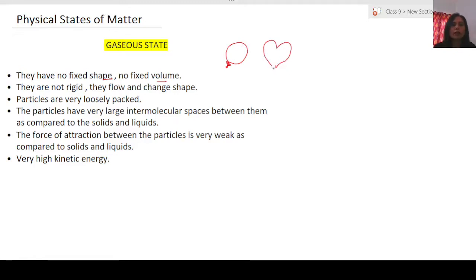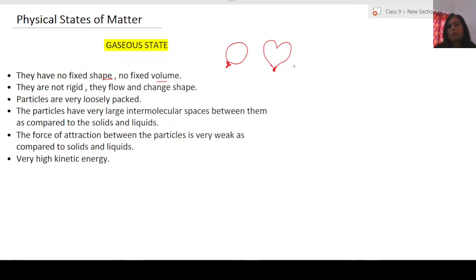And nowadays there are balloons in which happy birthday is written, so they take up the shape of the alphabet there, like H8PPY and so on. So obviously they have got no fixed shape, and they have also not got any fixed volume. They always fill the container completely.